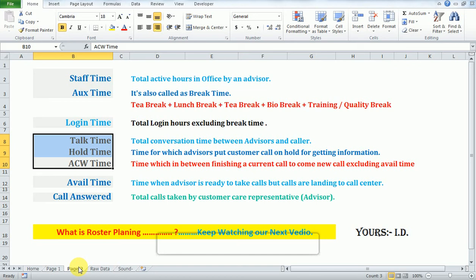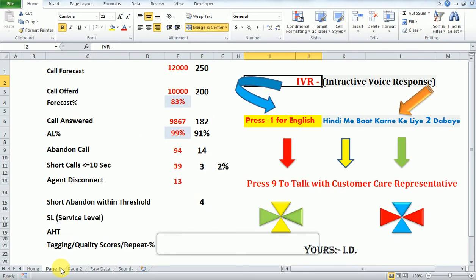You may also learn it from my other videos. I have made videos on occupancy, agent utilization, AST and like that, so you may learn that. So friends, now the next point. Just wait. Now let us move to another part. This was the activity I told you about, for the advisor who is taking calls from you.